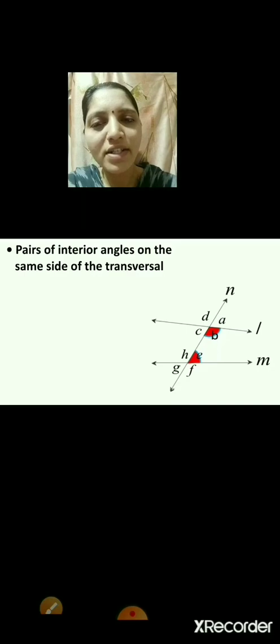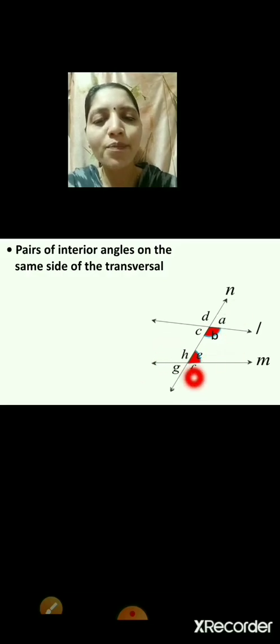Now let's see the pairs of interior angles on the same side of the transversal. To give you an idea about the difference between the alternate interior angles and the interior angles on the same side of the transversal, I have added this slide.